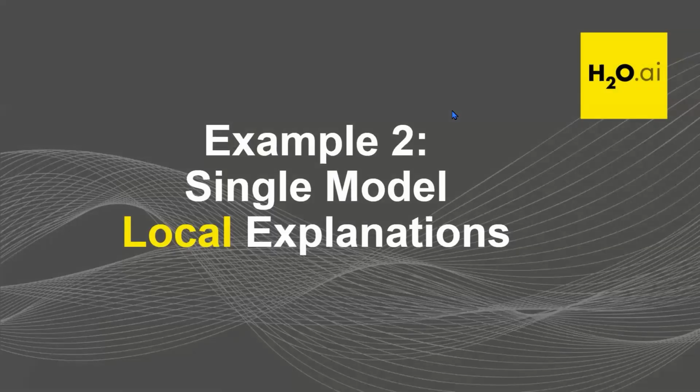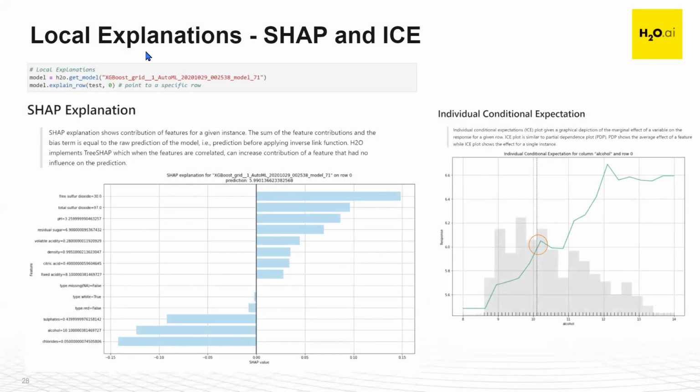Okay, so we talked about the different graphs for the global explanation. The next example here is the opposite. This one we want to focus on one single example or single explanation. So what we want to try to do is look at predictions like here. We use an H2O model.